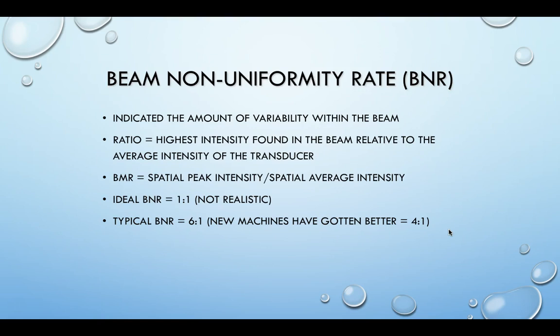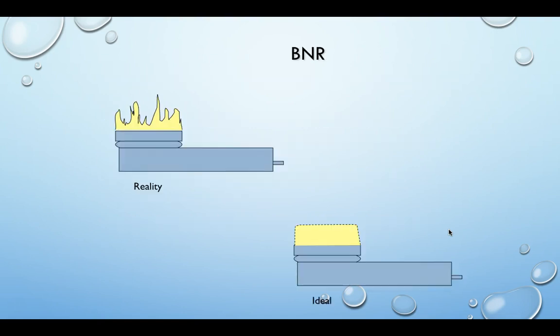Those peaks and valleys are due to minute imperfections in the crystal. Wherever we have these peaks, we're going to have places of higher intensity than what we have set for our average, okay? So this is what this looks like if you were to blow it up. The ideal, a 1-to-1, would be that the entire ERA of the crystal is producing the exact same amount of energy.